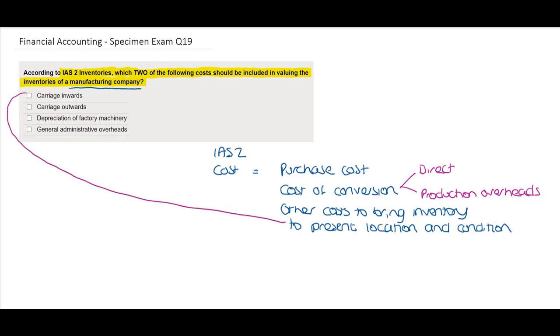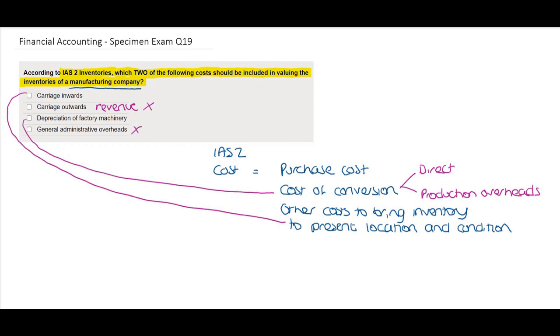Carriage outwards relates to delivery costs going out relating to revenue, and so would not be allowed as per the inventory cost. Depreciation on factory machinery would apply to the cost of conversion and so therefore would be allowed. And general administrative overheads are not permitted as per IAS 2.